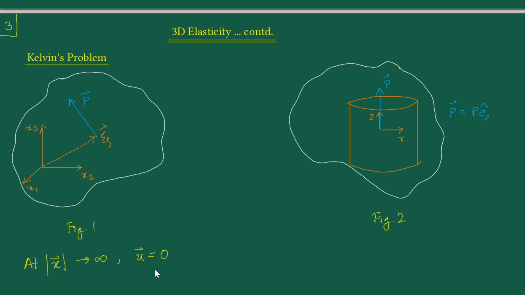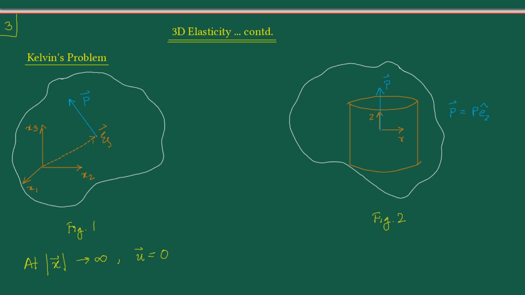Okay, so in these terms, what do you think would be the situation here? So try to think of it like this. So maybe if you proceed along this line, as r tends to infinity, you would have such a situation that the components of the displacement vector tend to 0.